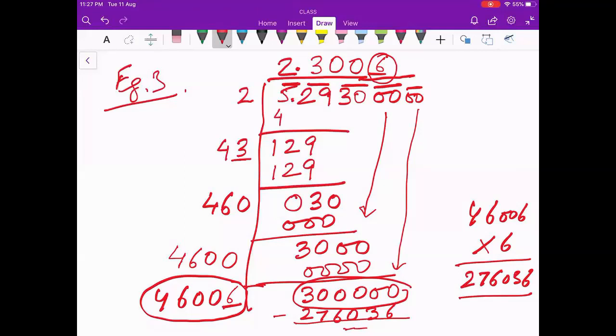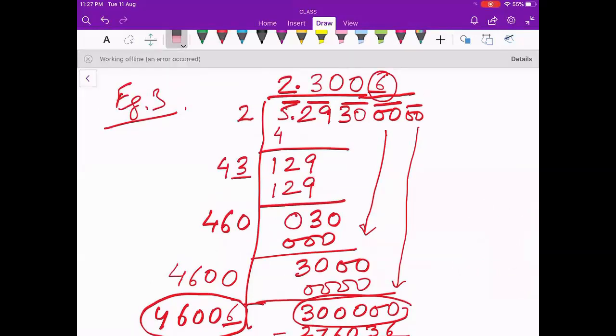So that means, let me rub this thing. Square root of 5.293 is equal to 2.3006 up to 4 decimal places.